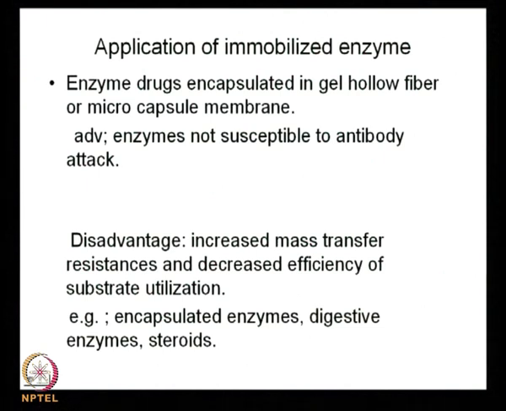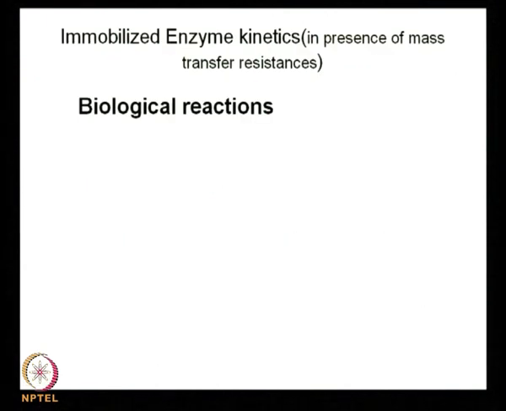Now, before we try and do that, let us understand, in the presence of mass transfer resistances, what kinds of reactions we have, the biological reactions. The first kind is the homogeneous reaction, right? We studied that in the chapter before. At the end of last class we studied what kind of reaction? Heterogeneous reaction. Okay.